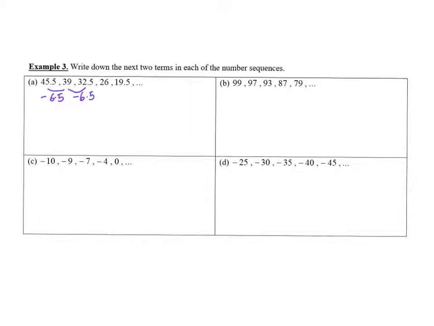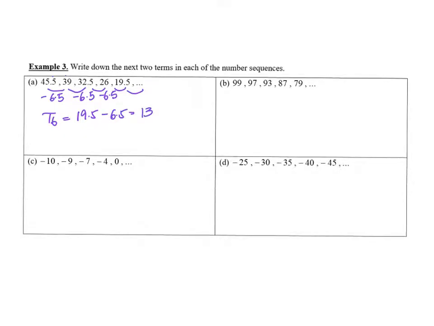So this seems quite constant. We'll do a few more to check our pattern. So 32.5 minus 6.5 will give you 26. So indeed, this pattern is true. From 26 minus 6.5, I'll get 19.5. So in order to get my next term, this will be 1, 2, 3, 4, 5. The sixth term will be from 19.5, I'm going to subtract 6.5 to give me 13.